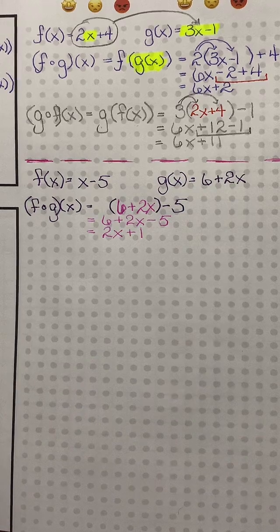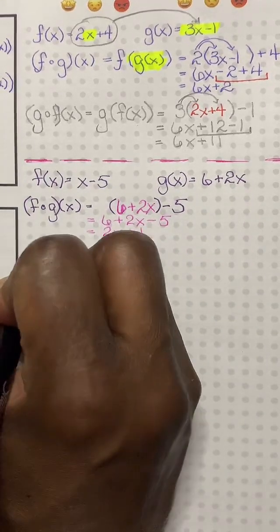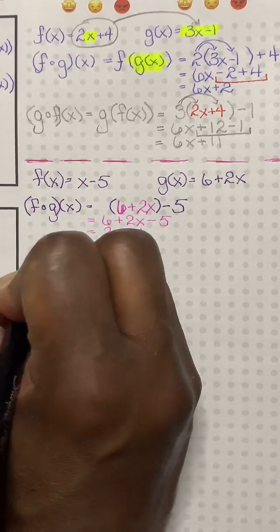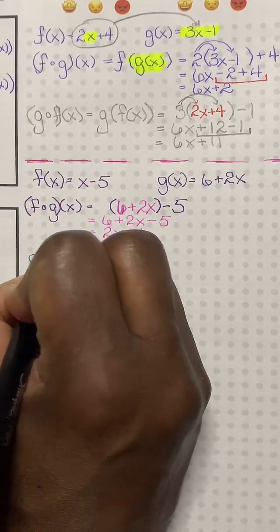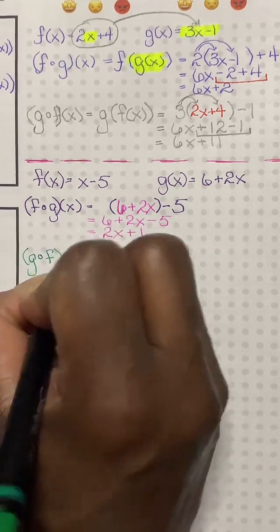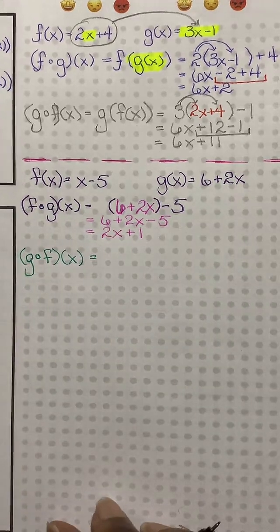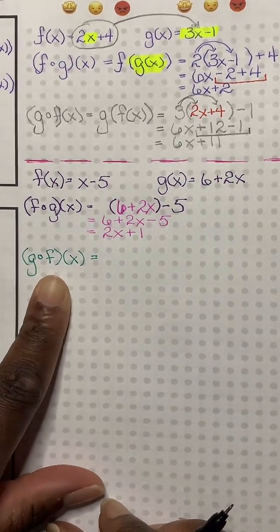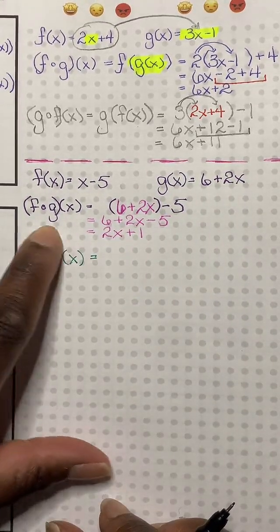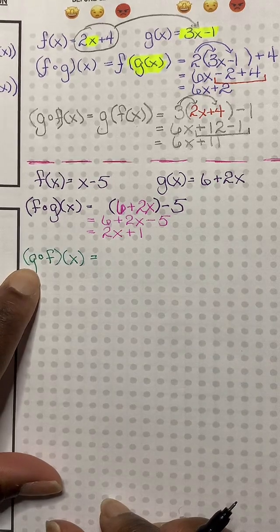If we go the other way, we can go for a g of f. So the g of f. So this is telling me my f of x is going to go into my g.